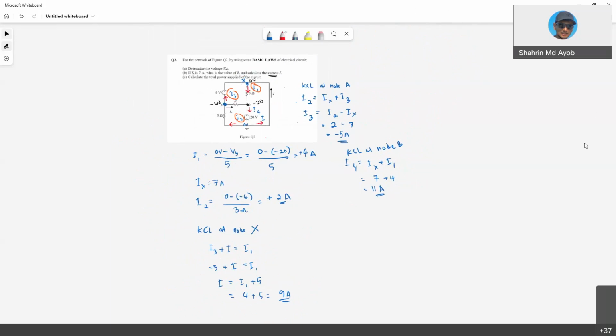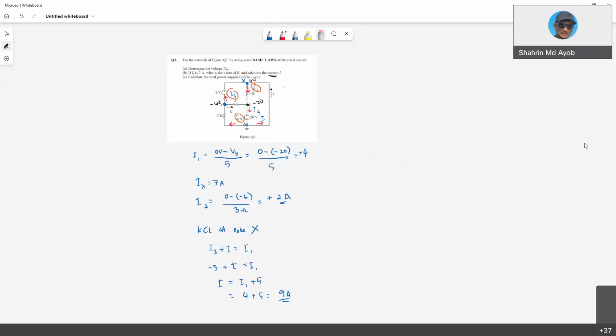Okay. The last question, calculate the total power supplied by the circuit. So you have two voltage sources. Okay, two voltage sources. So meaning that you need to double check which element absorbs and which element is actually supplying.